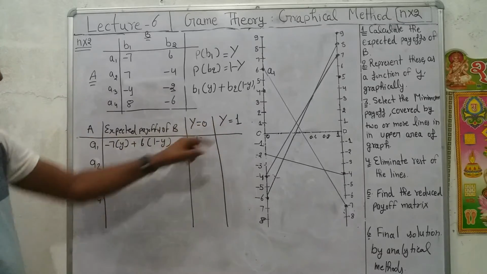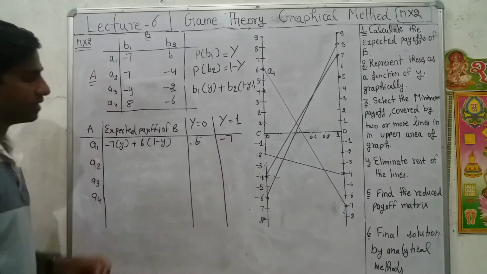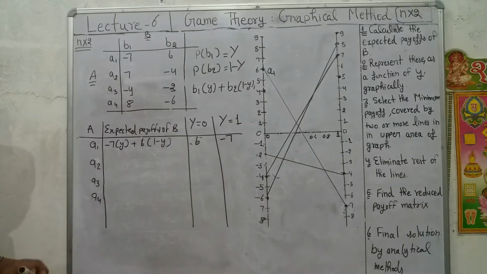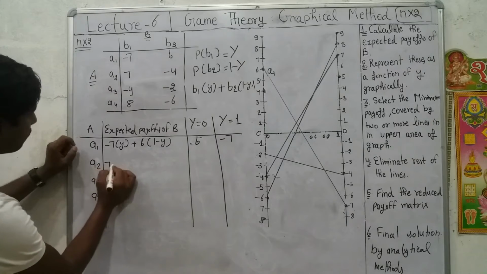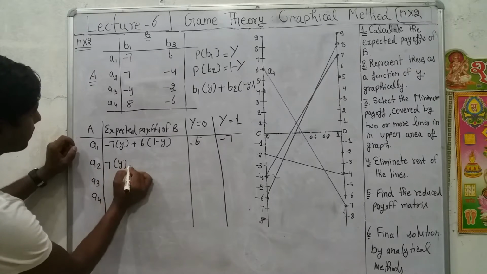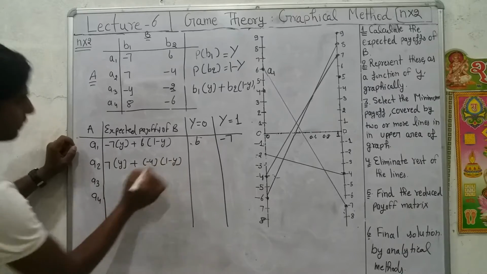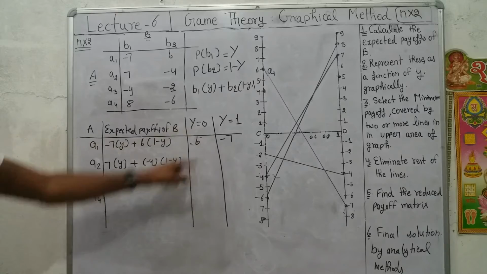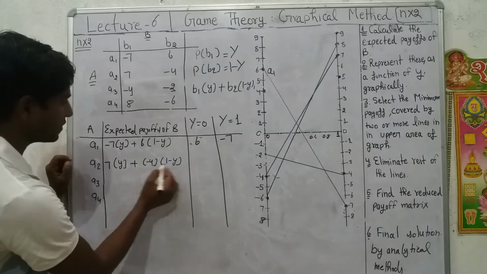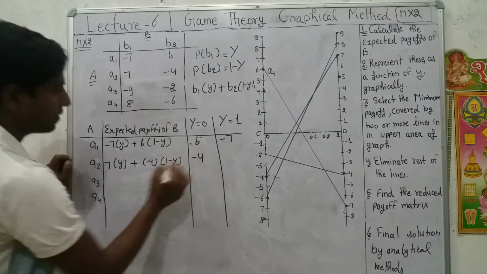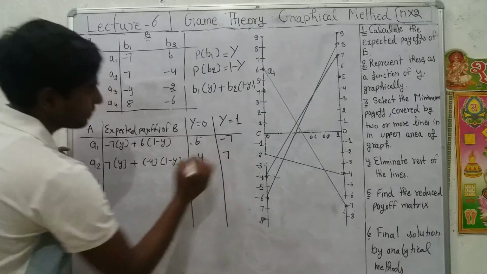And if Y is equal to 1, then the value would be equal to minus 7. In case of A2 strategy, the expected payoff would be equal to 7 into Y plus minus 4 into 1 minus Y. If Y is equal to 0, then the expected payoff would be minus 4 into 1, minus 4, and if Y is equal to 1, then the expected payoff would be equal to 7.